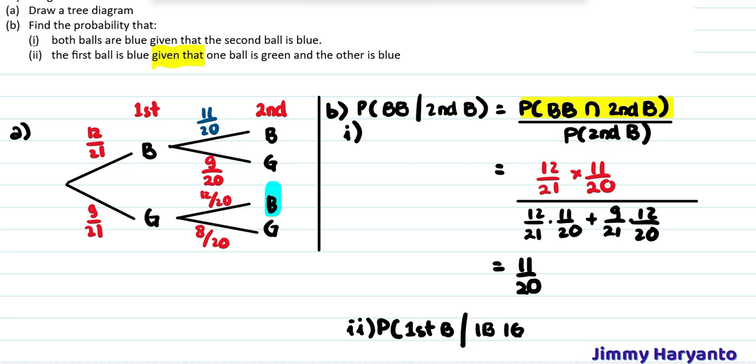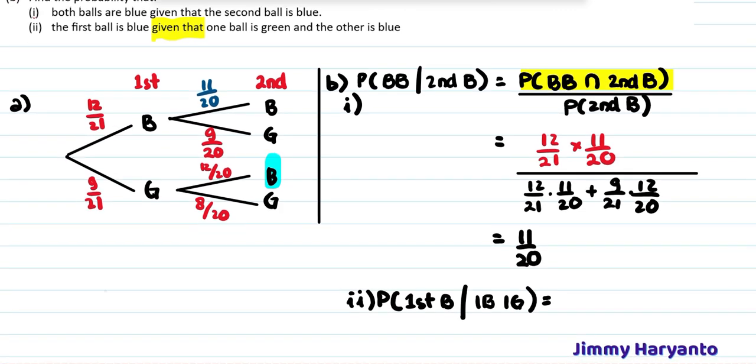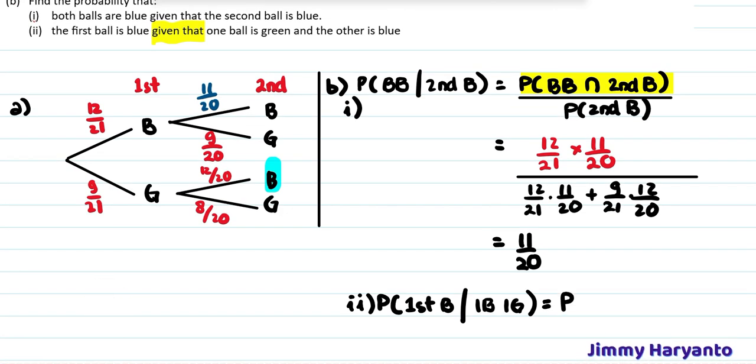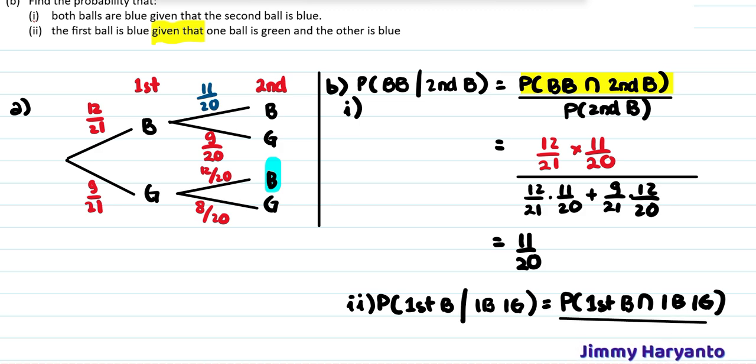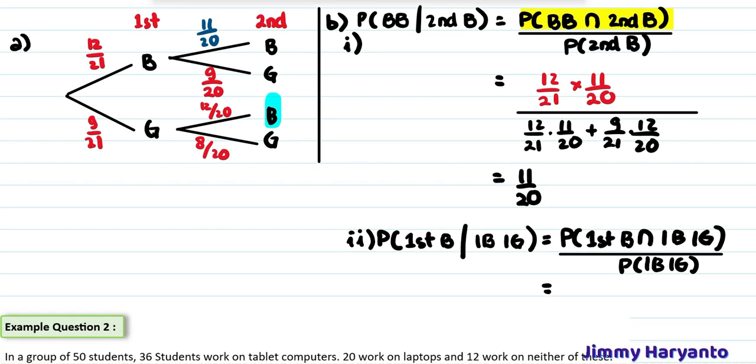Doesn't have to be in that order. And then the formula says you have to find the intersect of the first blue with one blue and one green, divided by the probability of one blue and one green. Okay, let's calculate this.